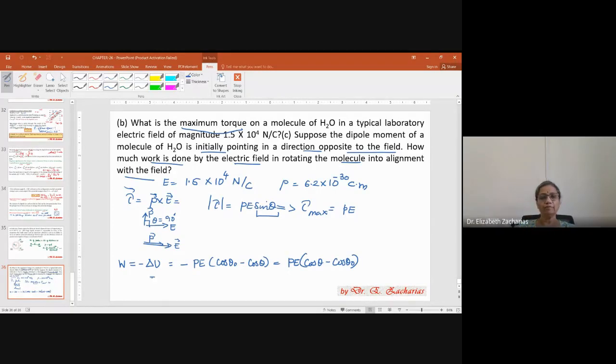So now put it here. pE into cos theta, cos theta is 1, minus of cos theta naught. If theta equal to 0 and theta naught equal to 180 degrees, then what is cos 180? Minus 1. Minus of minus 1, so it is 2pE. Substitute, get your answer.